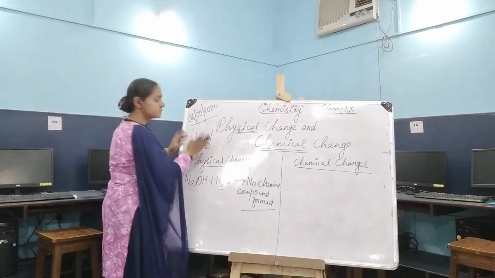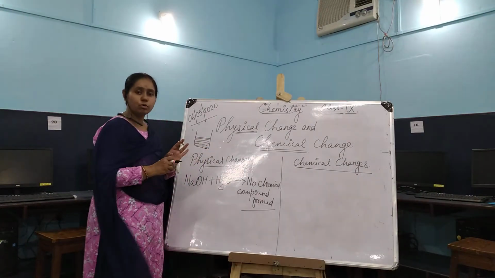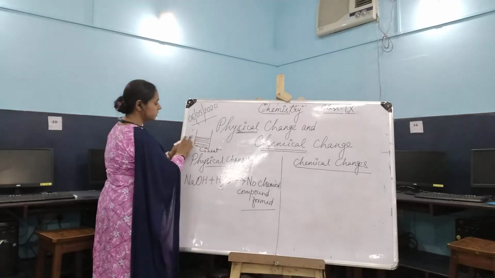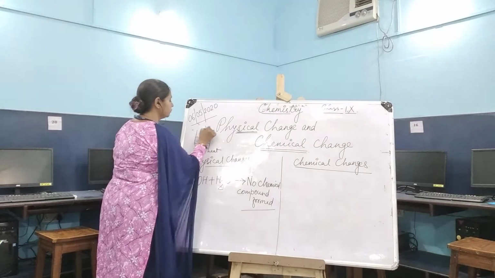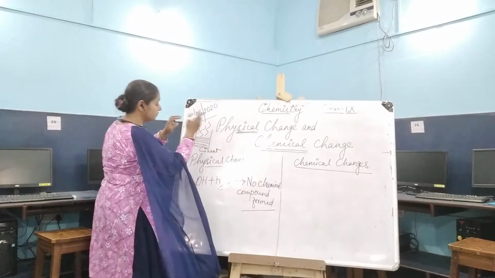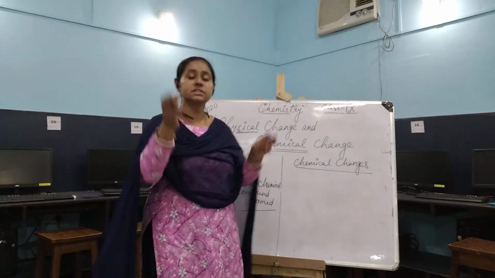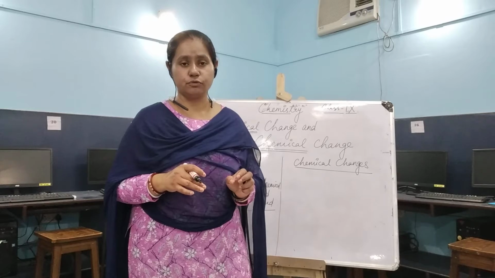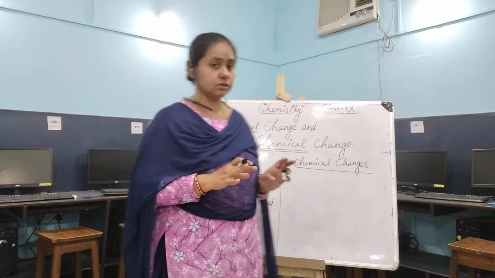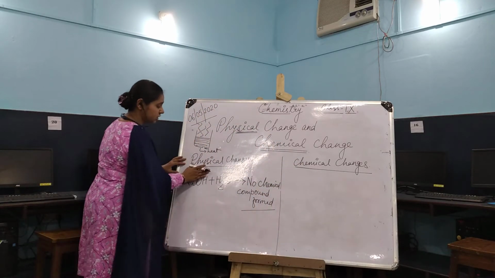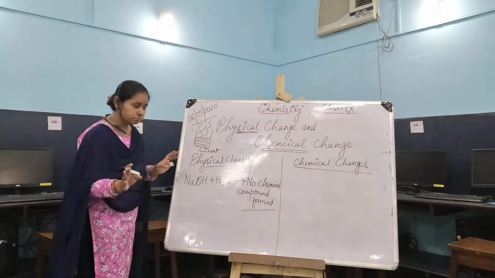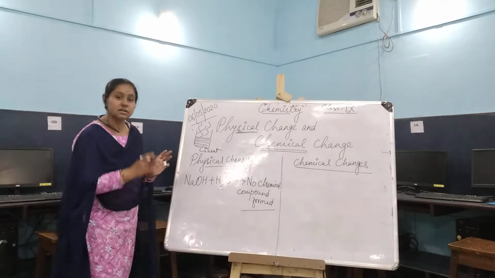Now, the moment you heat this solution, the water will evaporate out, and on evaporation it will leave the sugar crystals in the container. So this kind of change, where no new chemical compound is being formed, is called a physical change.